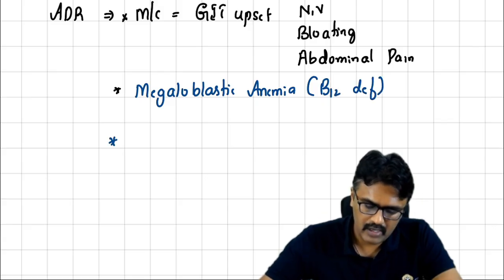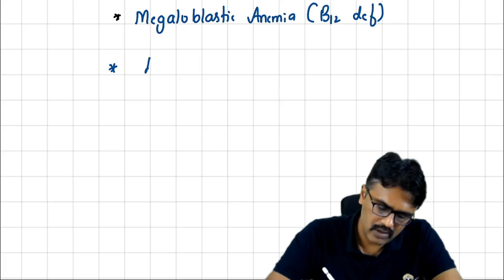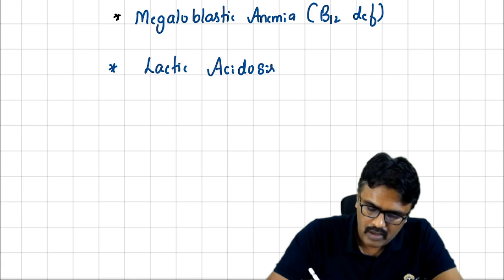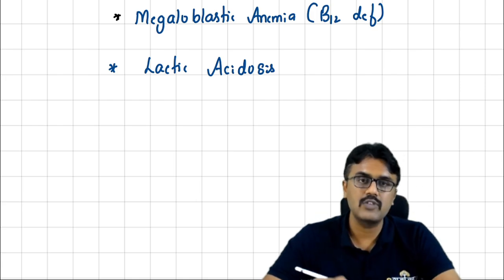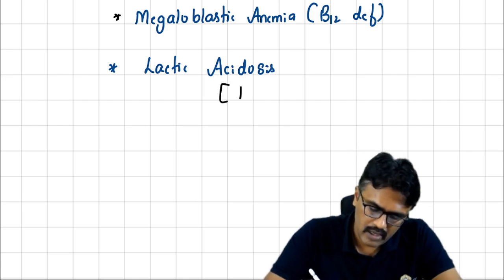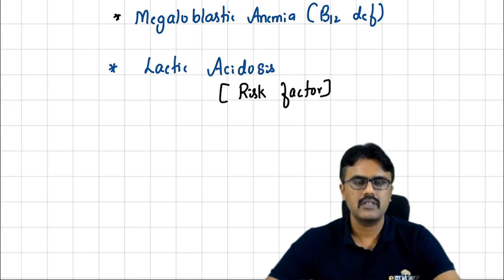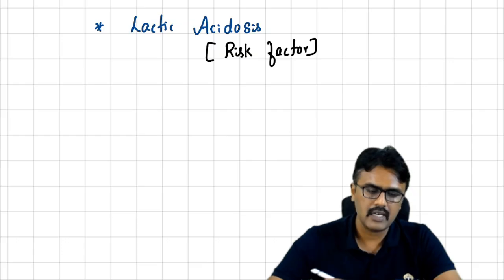And one important dreaded complication is that it is also known to produce lactic acidosis in certain individuals. Now, what are the risk factors where lactic acidosis increases? This is also asked in the AIIMS exam. The risk factor depends on where lactate is synthesized more.